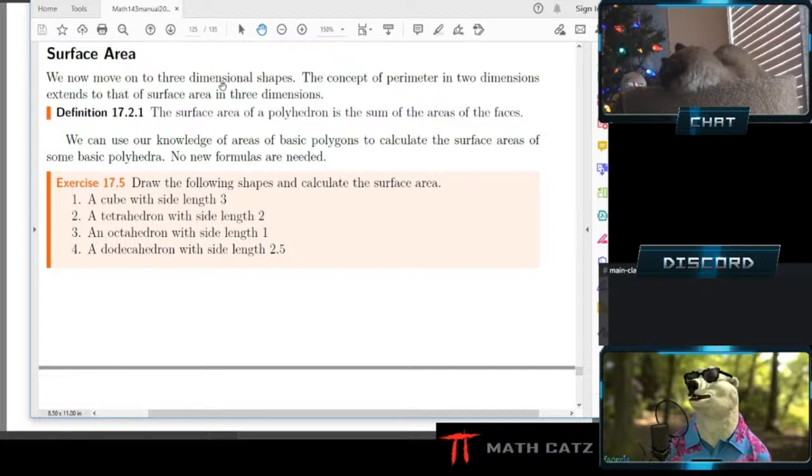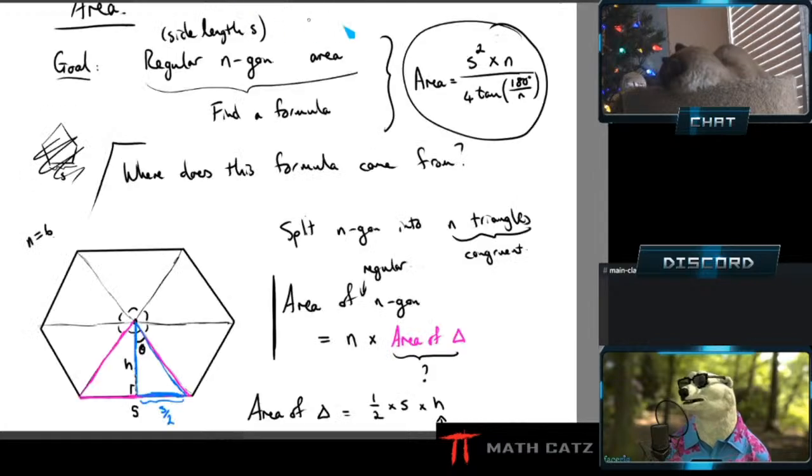So even though I look at a three-dimensional shape, area is a two-dimensional concept. So all I have to do is know what the shapes are that act as the faces, and then calculate the area using my formula for regular polygon areas. So I'm back to this guy, s squared times n over 4 tan 180 over n.